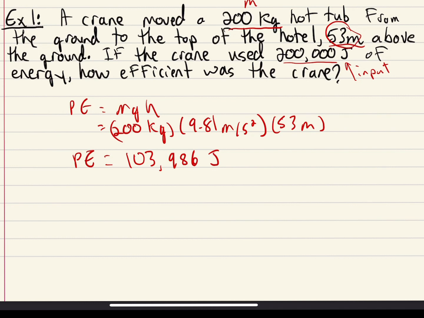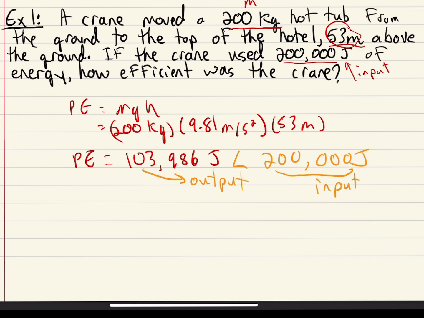That gives us a total amount of 103,986 joules of potential energy. And since this is less than the 200,000 joules that it used, we know that this is the output, and then the 200,000 joules must be the input.